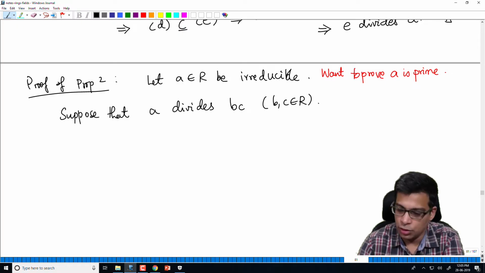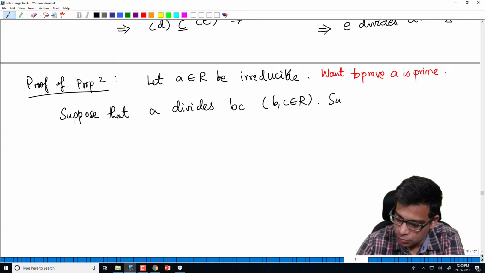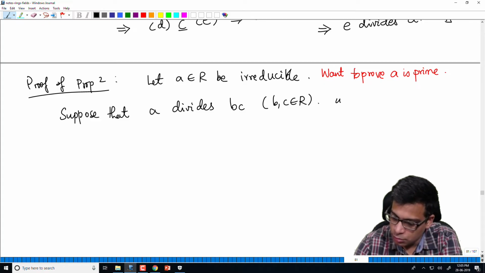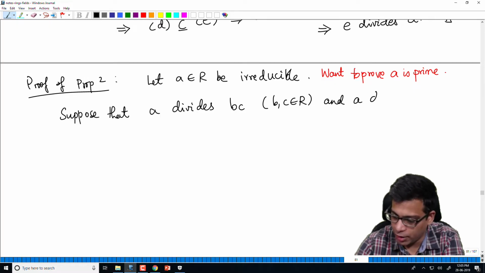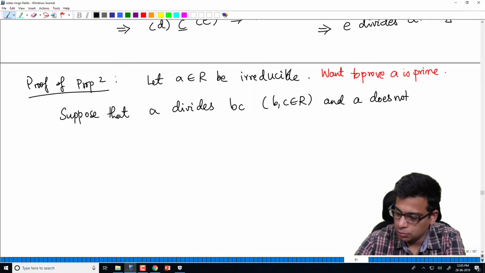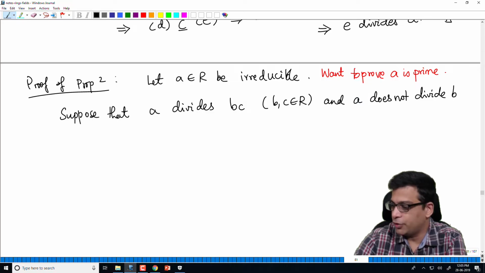Now assume also that A does not divide B. If it divides B, we are done.